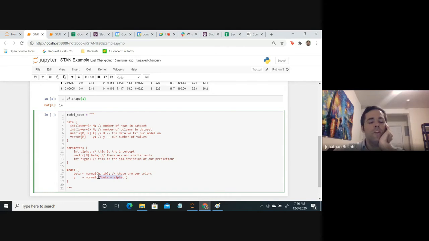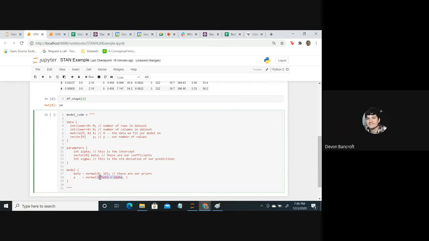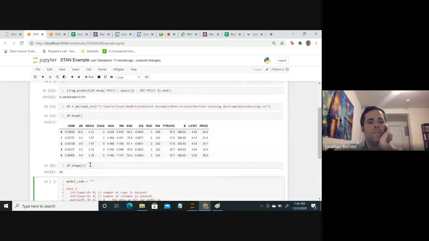This is matrix notation for saying M1 X1 plus M2 X2 plus M3 X3, and things like that.